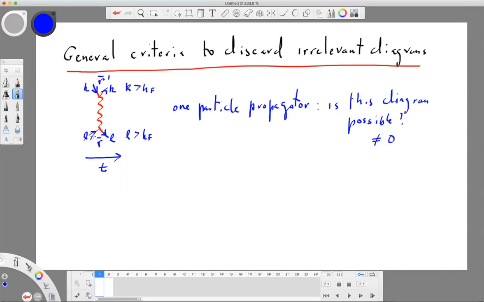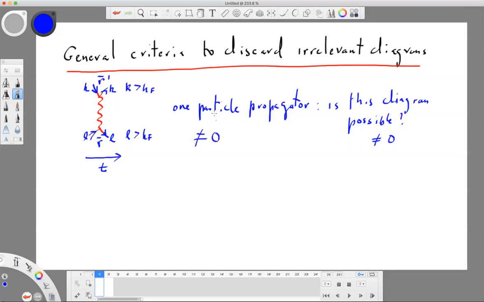Okay, so you notice that the one particle propagator is a propagation of one particle above the Fermi energy, whatever interactions are going to happen with the particles below, the virtual interactions. So here we have clearly two particles represented in this diagram. So this diagram necessarily is equal to zero.